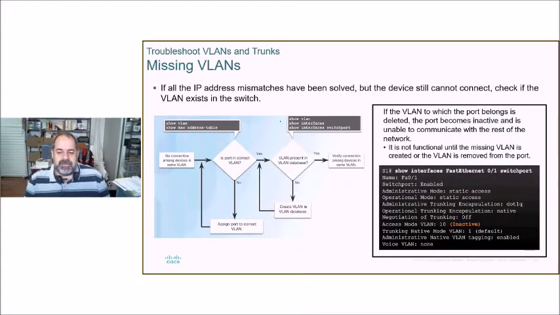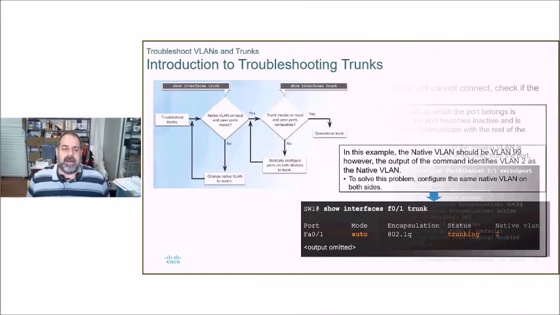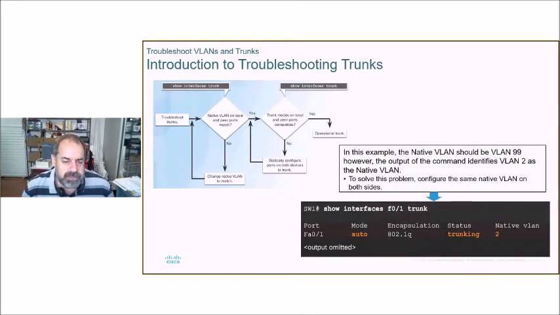Of course, if you haven't configured all the VLANs on all the switches, you're going to have problems. And so the trunk links won't work with VLANs that a switch doesn't know about. And so that's something else you need to do. And of course, for the trunk links, you need to make sure that both ends of the cable are configured to be trunk and that they have matching native VLANs.